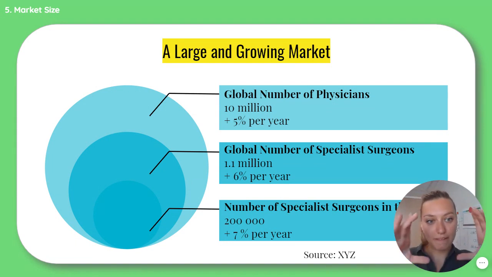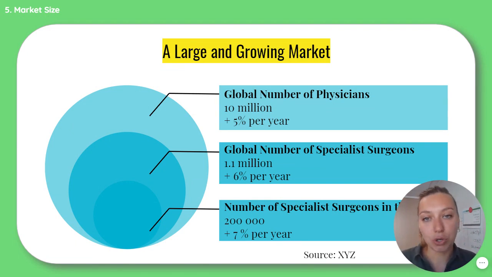So you have the TAM is like the complete cake, and then you take like 1/3 of the cake or 1/4 of the cake, and that is your SAM, and then your SOM is going to be a very small part of the cake that you can realistically aim to go after in the next 2-3 years.